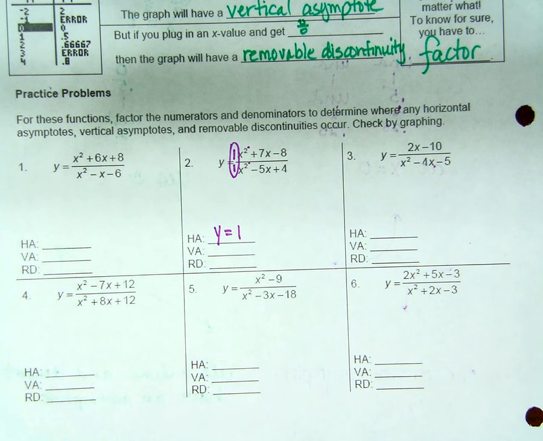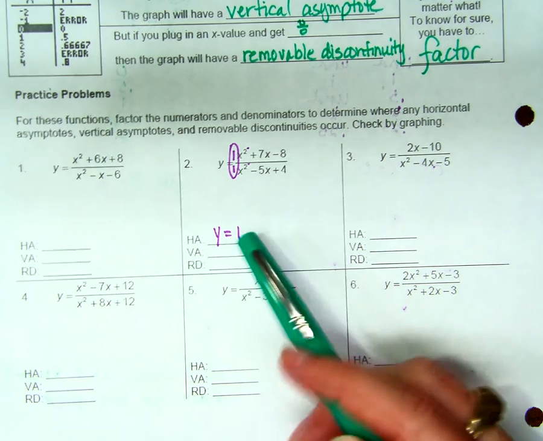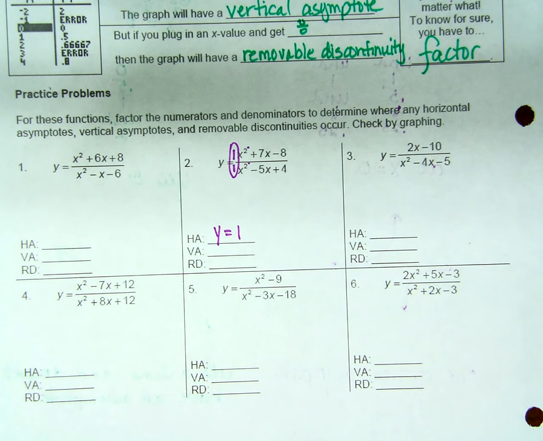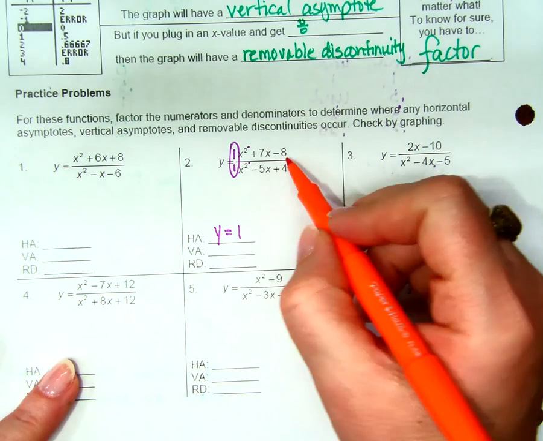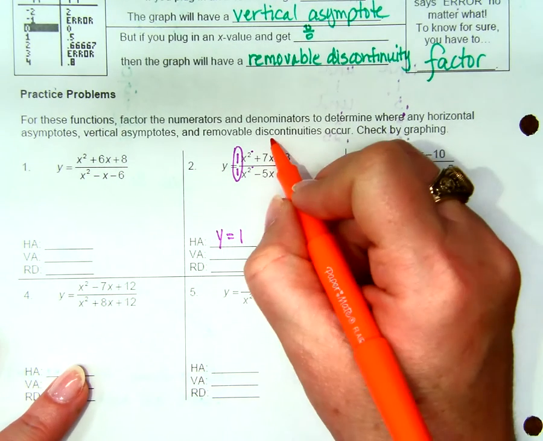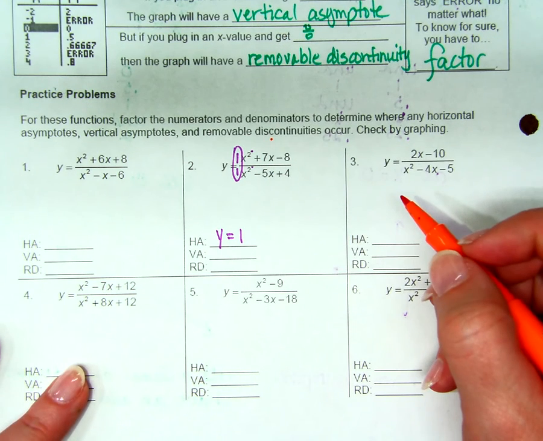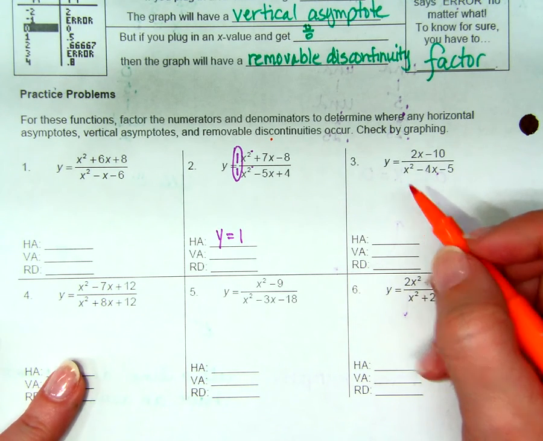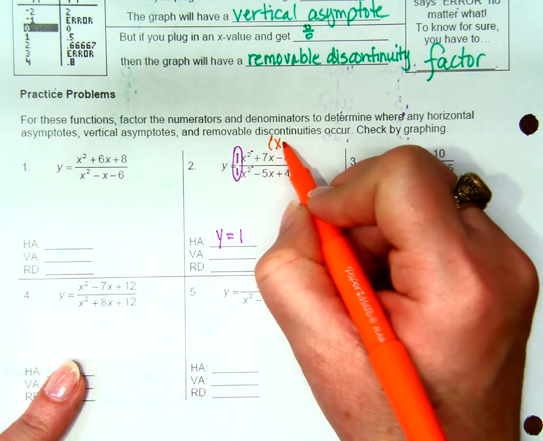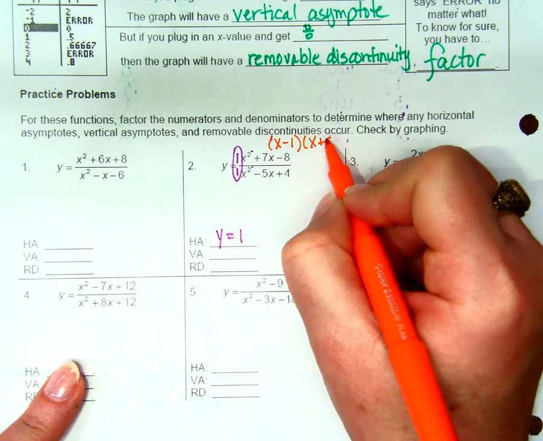Okay? But what do we do now if we're trying to find vertical asymptotes and removable discontinuities? See, I knew I'd mess it up. We need to factor. Okay? So factor the numerator. What multiplies to be negative 8 and adds to be positive 7? Negative 1, positive 8.